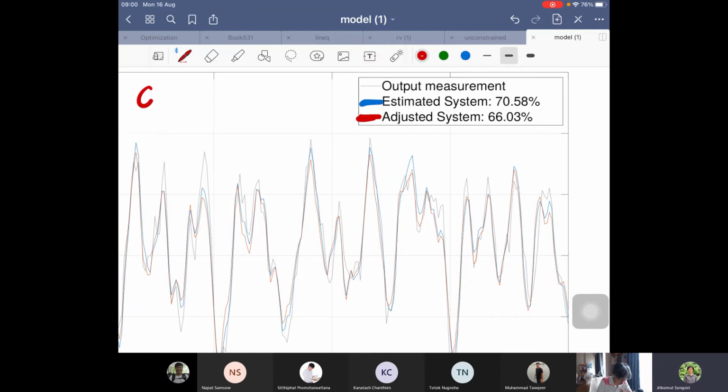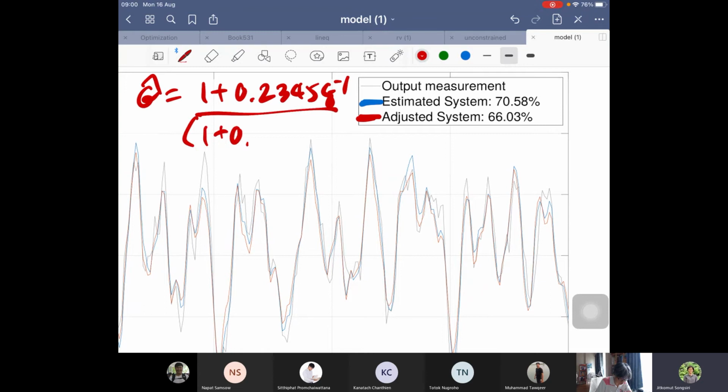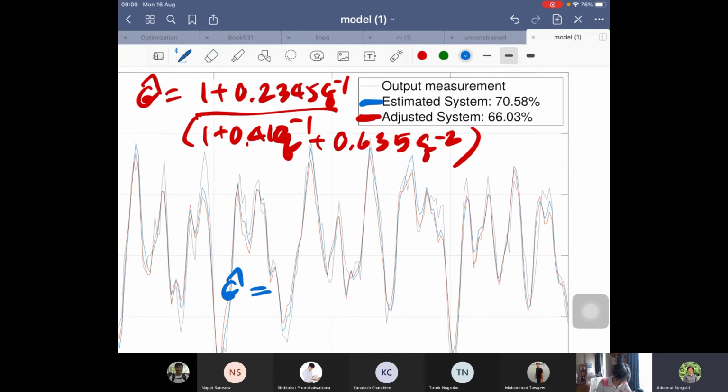Suppose my g hat is 1 plus 2.2345 Q inverse. Suppose the blue one is given by this. The red one is the adjusted system. I just manually thresholded it, and I messed up the color.